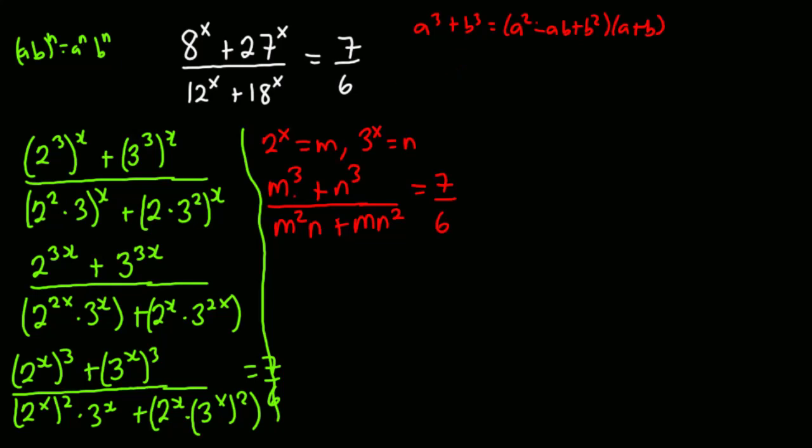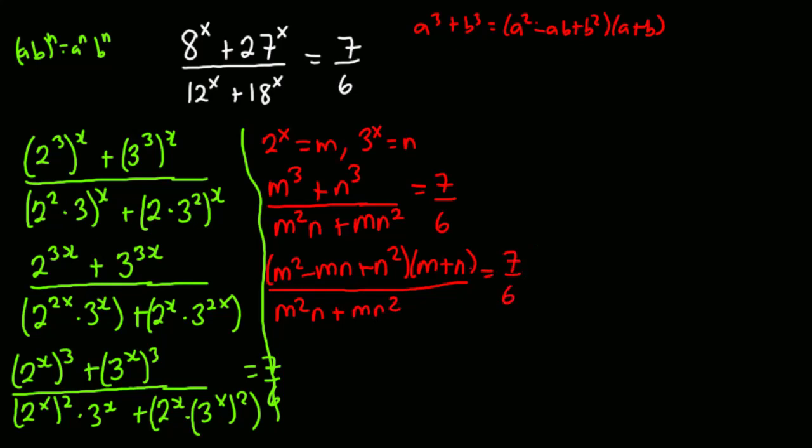So m cubed plus n cubed gives (m squared minus mn plus n squared), all these multiplied by (m plus n). So all these divided by m squared n plus mn squared, and this is equal to 7/6.